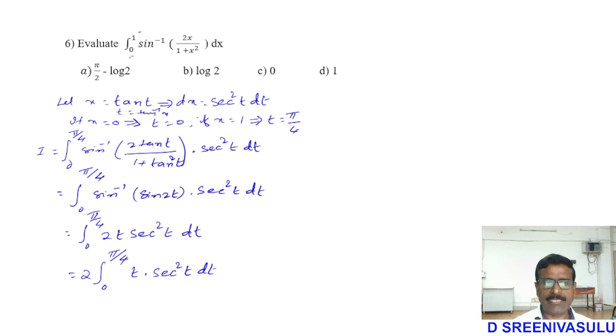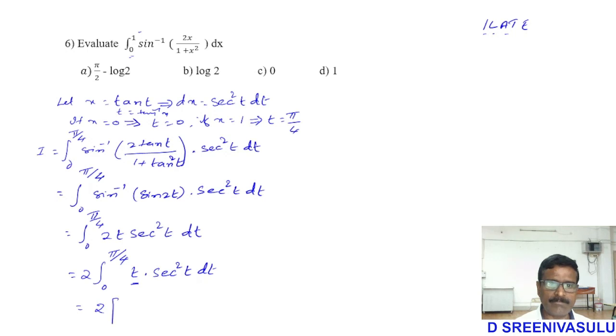Use by parts. ILATE: inverse, logarithmic, algebraic, trigonometric, exponential. You know ILATE, no? Which function is first function? Algebraic comes before trigonometric, so this is first function and this one is second function.